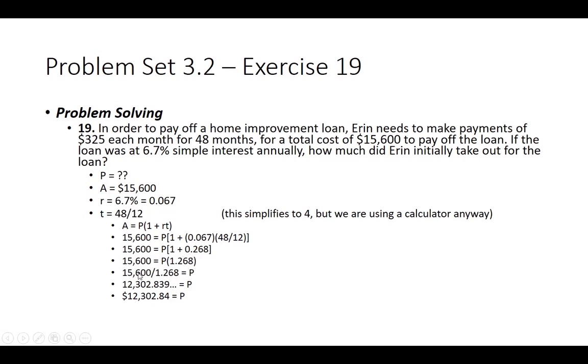Solving for P by dividing both sides by 1.268, 15,600 divided by 1.268 is 12,302.839, and some more digits that don't matter, but that 9 was important because it rounds us up to 84 cents. $12,302.84.